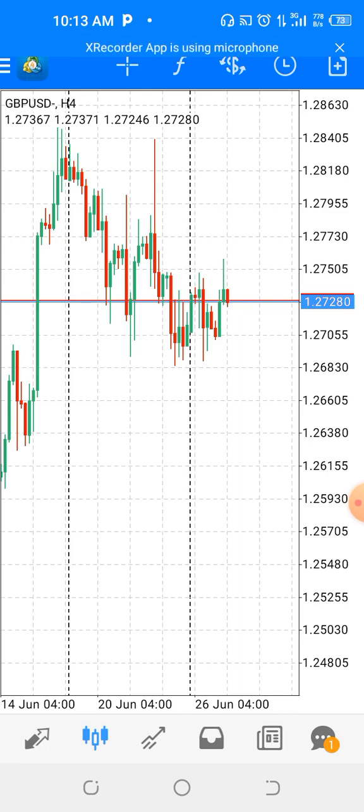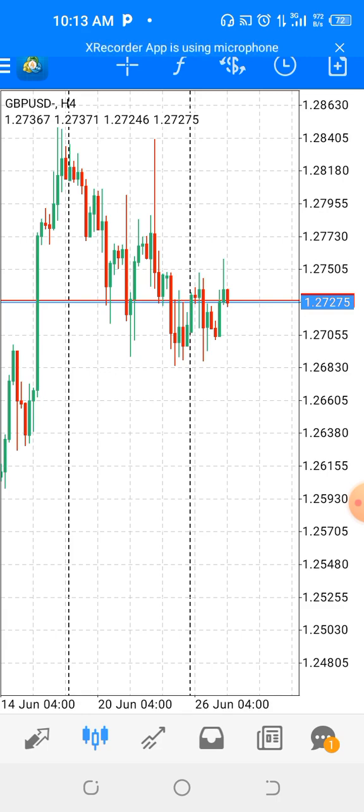Then talking about trend. What is a trend? A trend is just an overall direction of an instrument or trading activity in the market. Is the market going northward, or bullish, going up? When we say the market is bullish, it means that it's going upward.